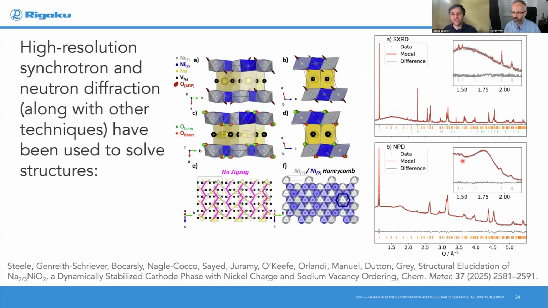You can imagine with neutrons, this is a very challenging experiment. You need to find a way to make a large battery that has a large massive sample in it, carefully charge it to the right state, and measure very carefully to see such tiny features. Fitting is also quite challenging because you should be very careful to come up with a reasonable structural model on the basis of tiny superstructure peaks.